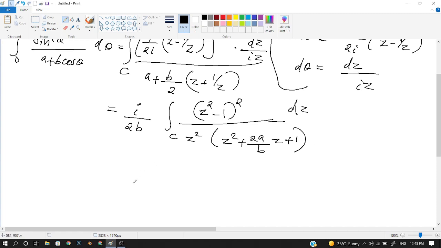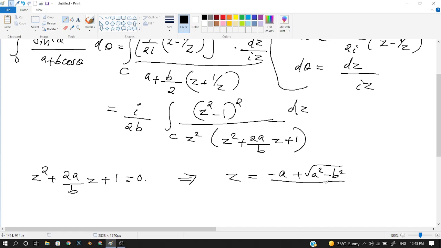Now here we can consider z square plus 2a by b z plus 1 equal to 0. This is a quadratic equation, so that will give us the roots z equal to minus a plus square root of a square minus b square by b, and z equal to minus a minus square root of a square minus b square divided by b.